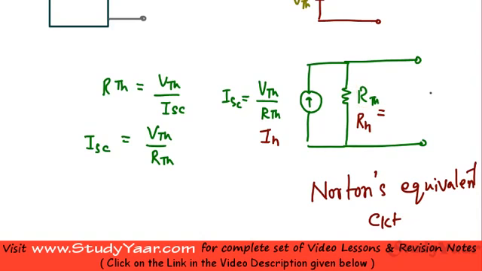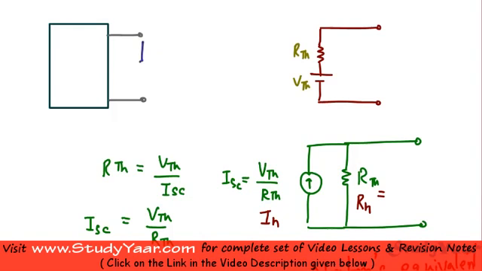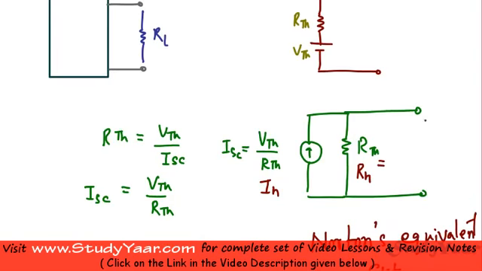Now if you have a load resistance connected like this, how are you going to find the current through this RL? Let's say I connect this load resistance like this. Then what you have is a current source and two resistances which are in parallel.